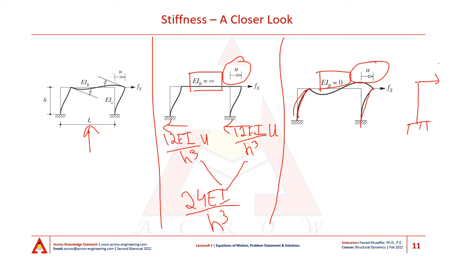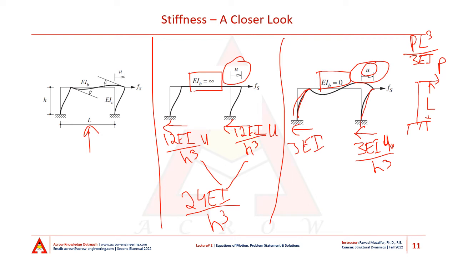We know that if P is my lateral force and L is my length of the cantilever, then the lateral deflection at the top of the cantilever is simply PL cube over 3EI. And so for a lateral displacement U, my force at the bottom of each of these columns is 3EI U over H cube.